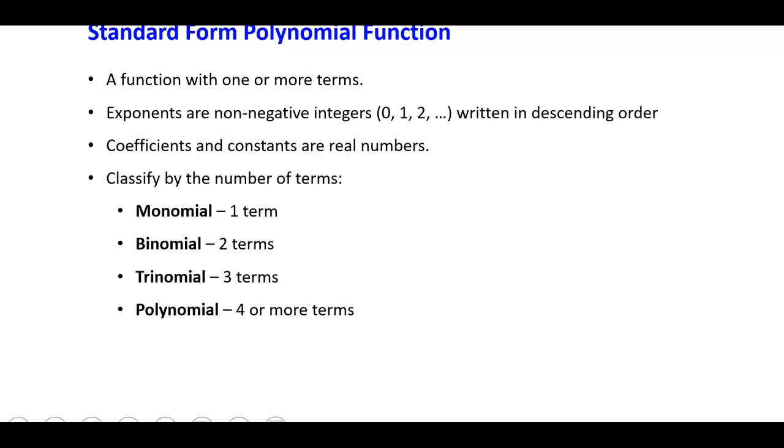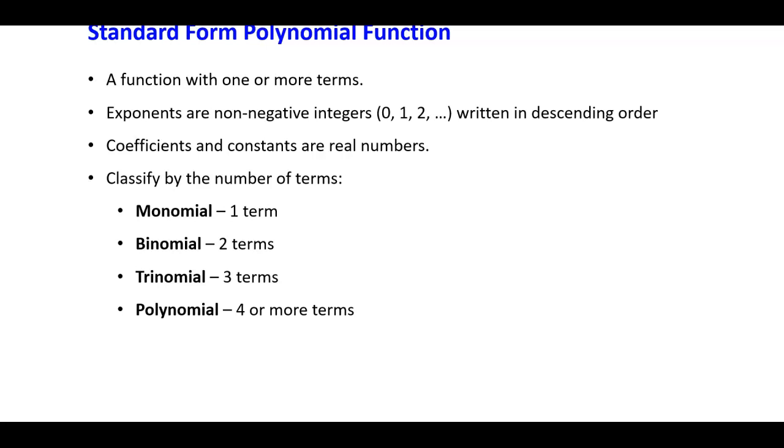Here we go. This is not in your notes, but this is background information, stuff you've learned before, hopefully. So look up here because you're not writing this down necessarily. Standard form of a polynomial function is a function with one or more terms. It's actually an expression, not a function, whatever. Exponents are non-negative integers.